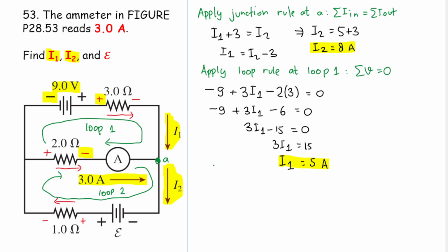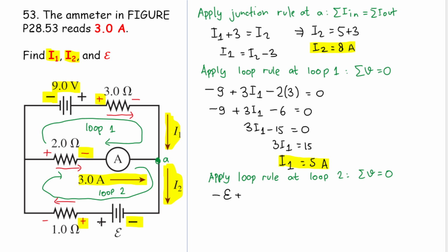We apply one more loop rule at loop 2. The loop rule says that the sum of the voltage will equal 0. Let's start from the battery here, and the loop enters from the negative terminal. So I will have minus, and the value will be E. Then we move on to this 1 ohm resistor, and the loop enters from the positive side, so I will have a positive sign.